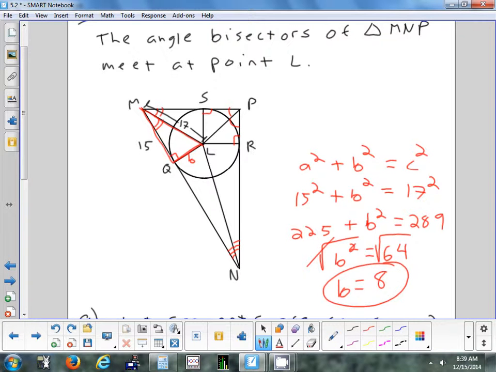Do you think we have congruent triangles in that picture? For example, if you looked at triangle MQL and then the one next to it, let's see, MSL.